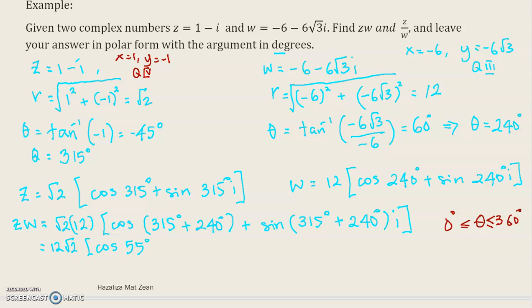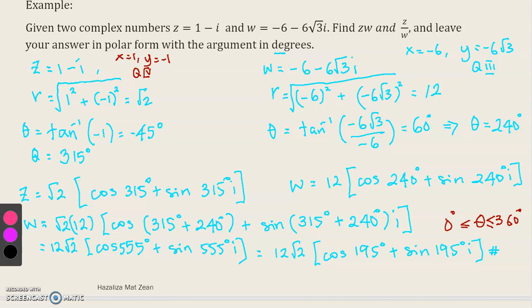We do it step by step. So it is 555 plus i sine 555, and then put it within 0 and 360, which we should get 195. So cos 195 plus i sin 195. This is the product.